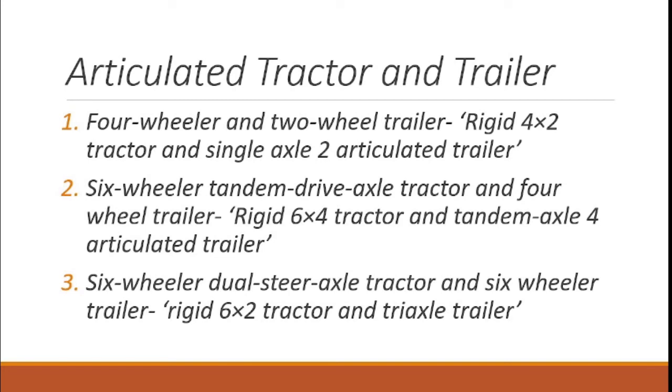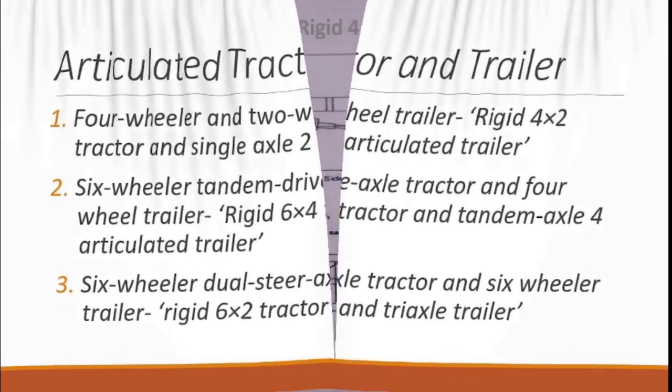And at the front you have a rigid tractor, and that rigid tractor will have 6 wheel locations, and 4 of which are for steering. So you have a double steering, yeah? The front wheels and the second wheel location are for steering. So 4 steering wheel locations and 2 driving wheel locations.